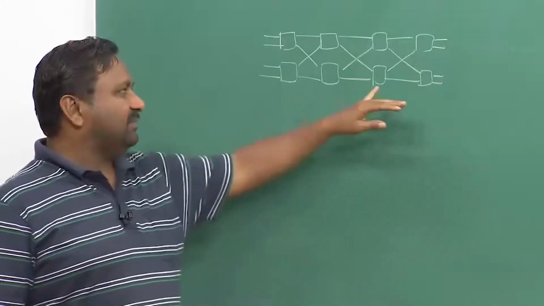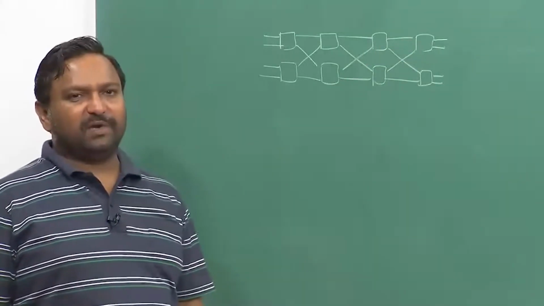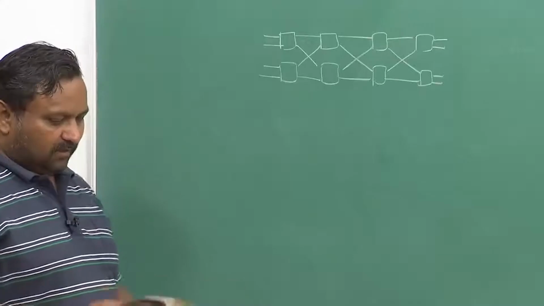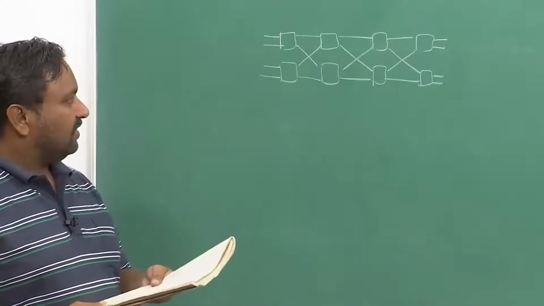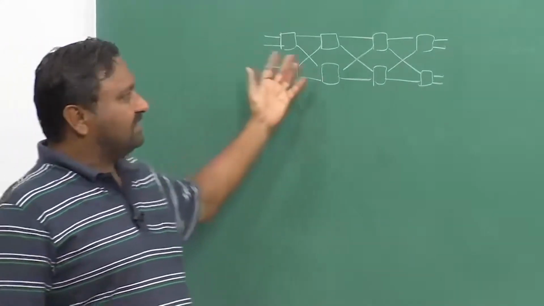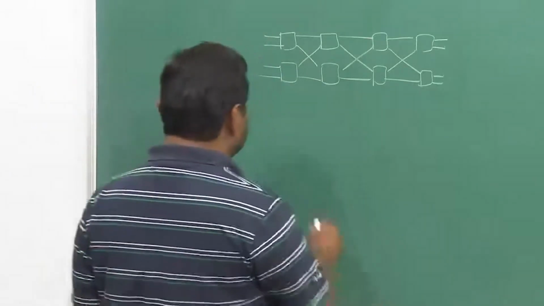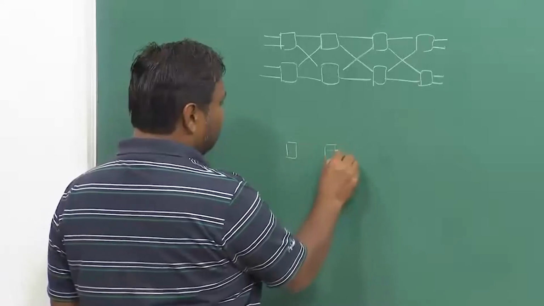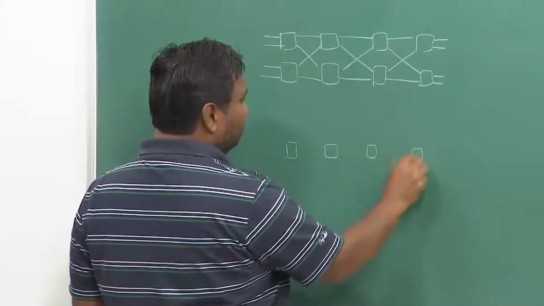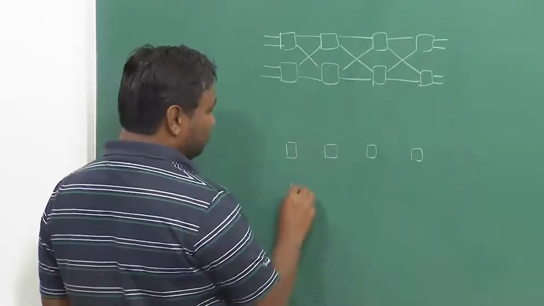Now, each one of these element boxes is a 2 by 2 crossbar. So, when there is no connection, this is how it looks like. The way I will represent it, when there is no connection I will just simply draw the boxes, there is no line, so I need not show it, but topology actually is this.